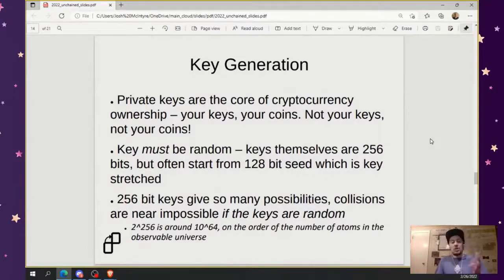Now, there's a caveat to that somewhat, is usually seed phrases are 12 to 24 words, and a 12-word seed phrase starts with 128 bits of entropy. And that entropy is stretched using a key stretching function that turns it into a 256-bit key.